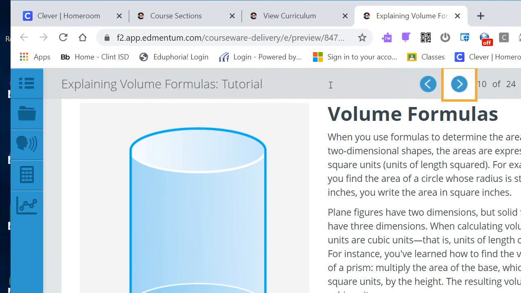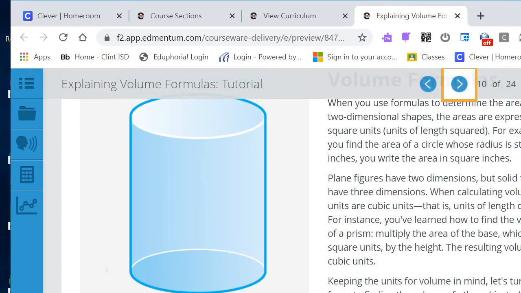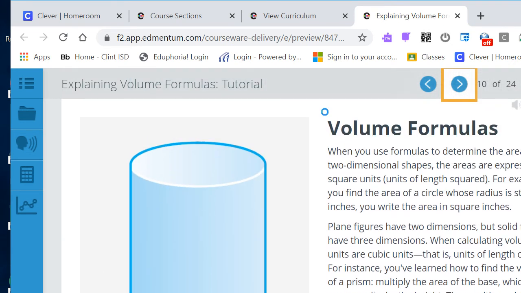We're still under volume formulas. For a cylinder, notice how the base of the cylinder is a circle. Okay, so the volume is still the area of the base times the height.